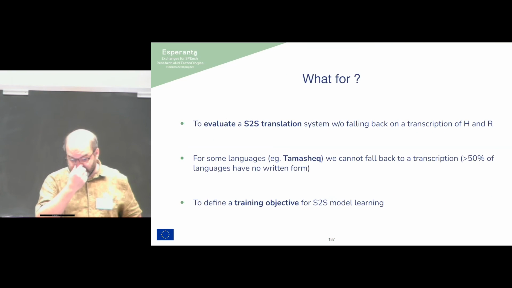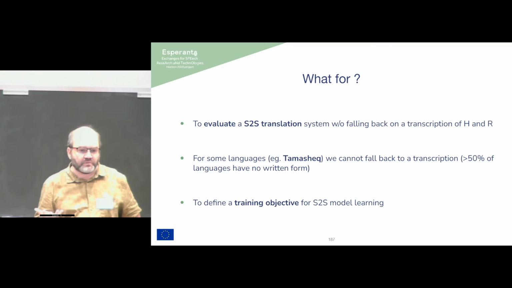And why do we want that? It's because first, to evaluate a speech-to-speech translation system, we don't always want to fall back to a transcription. And a good reason for that is that for some languages, like Tamasheq, for instance, we can't easily fall back to a transcription because we don't have them for the references. And more importantly, like we said before, roughly 50% of the languages of the world have no written form in the first place.